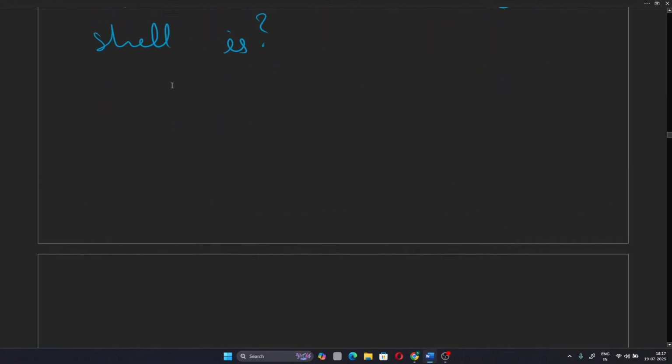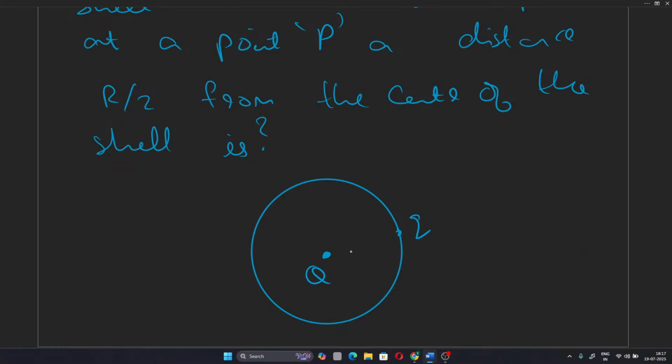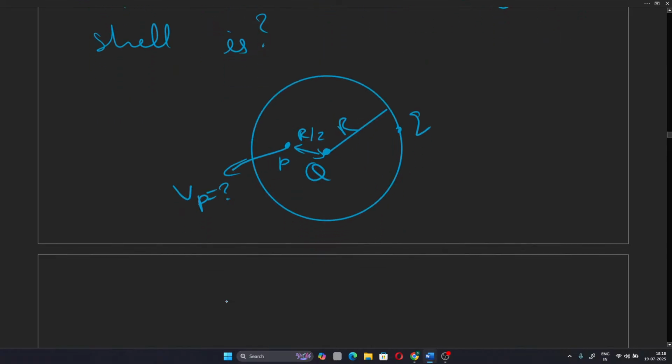They merged concepts and made it into a harder one. This is a spherical shell having a charge Q and there is another charge q at the center. The radius is r, at a point where the distance is r by 2. Here this is a point P, the potential Vp equals question mark.